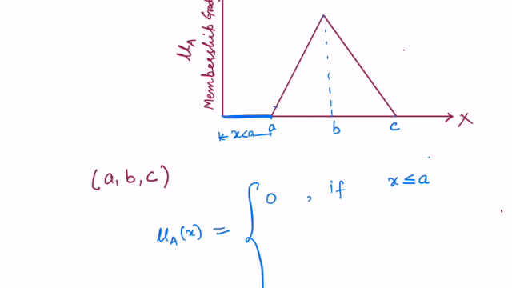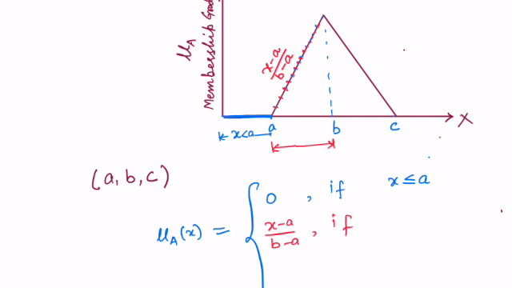Now see this area. Let us mark it with red. This area is governed by (x minus a) upon (b minus a), and this is for values between a and b.